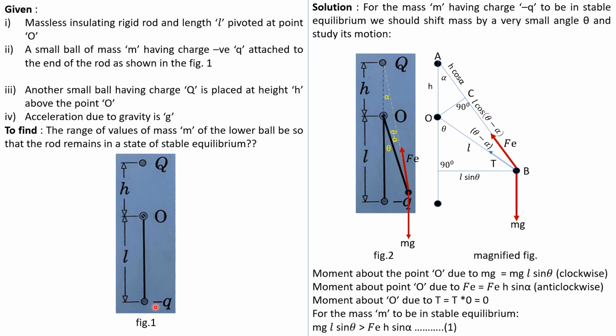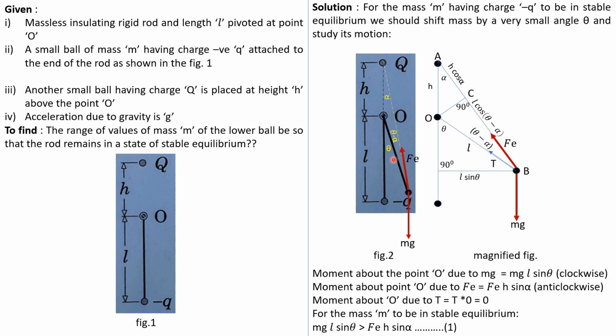For this ball to be in stable equilibrium, we must shift this ball by a small angle theta and study its motion. This angle is theta. It's very small.